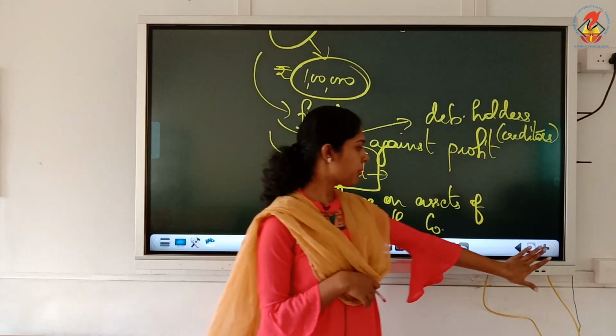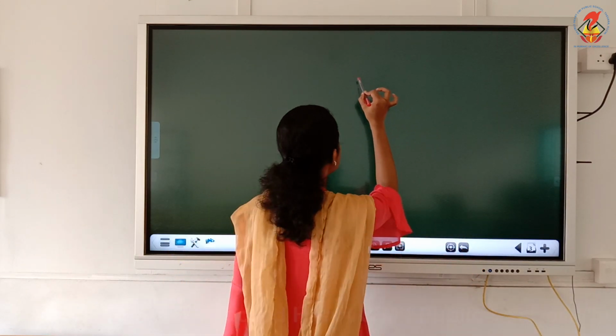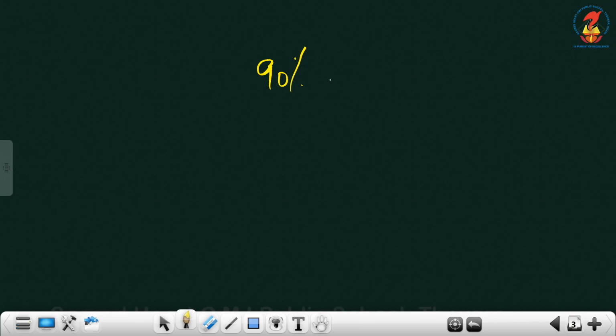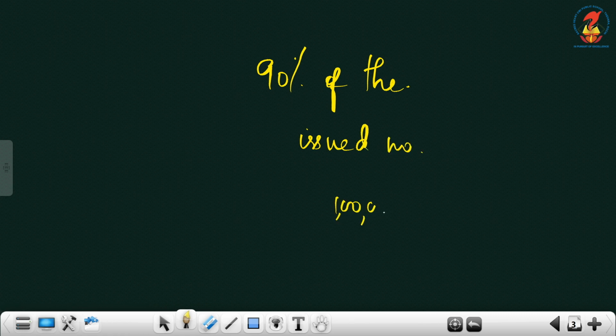And they are talking about the minimum subscription here. For shares also we had minimum subscription: before you allot shares, you have to ensure 90% of the issued number. Suppose the company issued 1 lakh shares, you should get a minimum subscription of 90%. What is 90%?